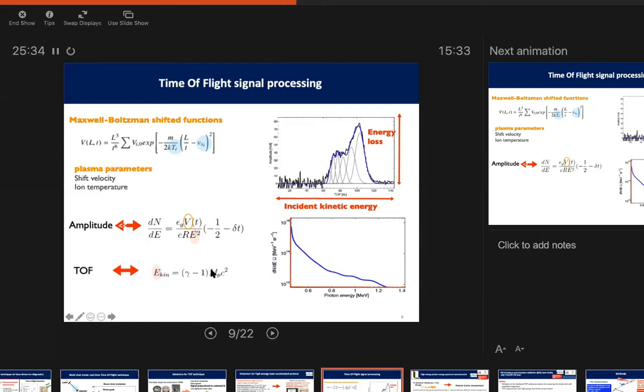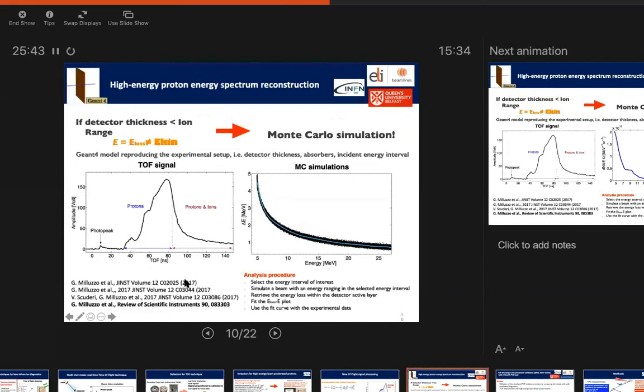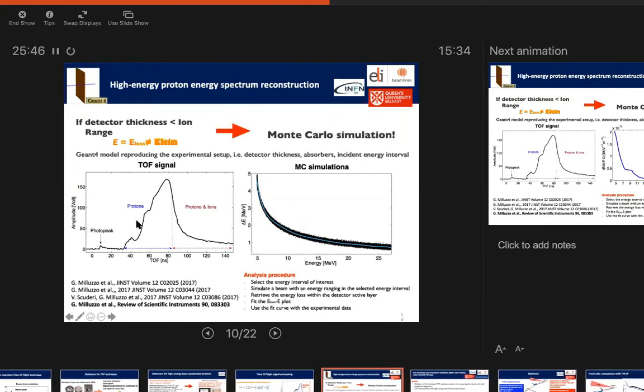If the particles are not stopped, you have to calculate the real energy loss starting from the kinetic energy. And this is what I implemented for the thesis.